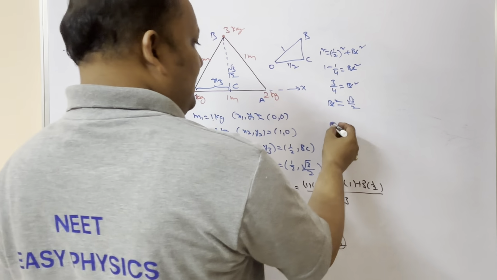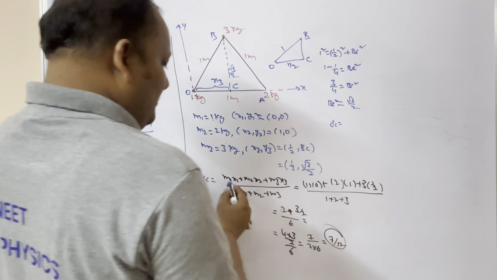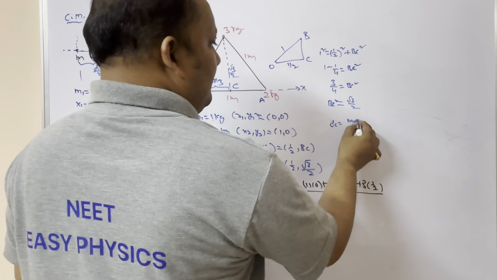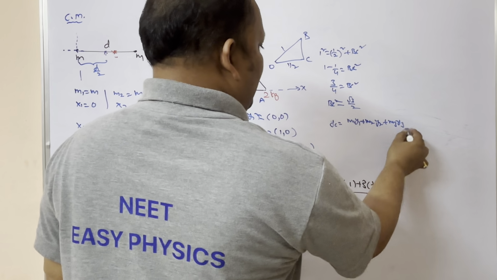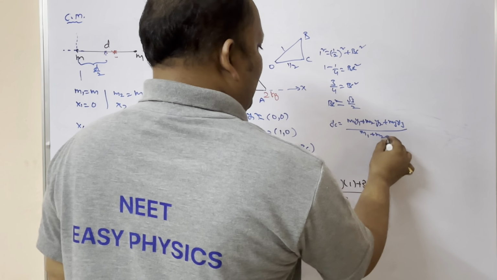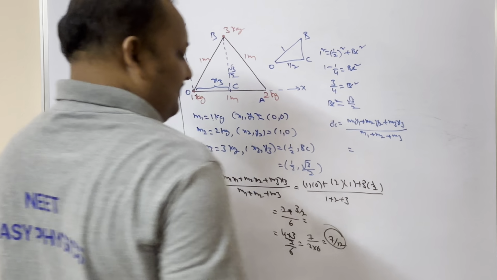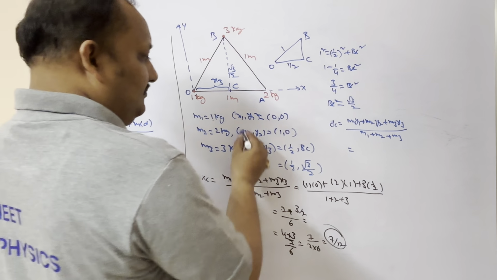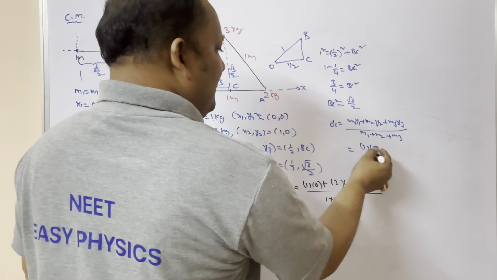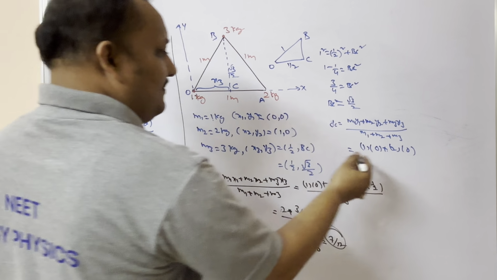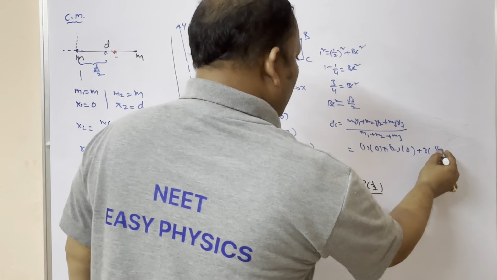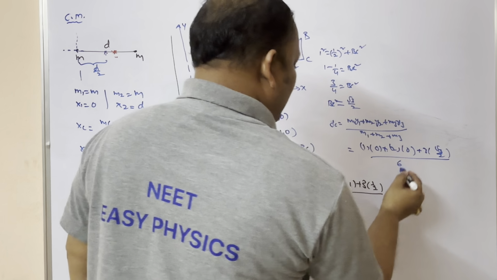Now YC we will see. YC is equal to (m1 y1 plus m2 y2 plus m3 y3) divided by (m1 plus m2 plus m3). 1 into y1, which is 0, plus 2 into y2, which is 0, plus 3 into root 3 by 2, divided by again 6.